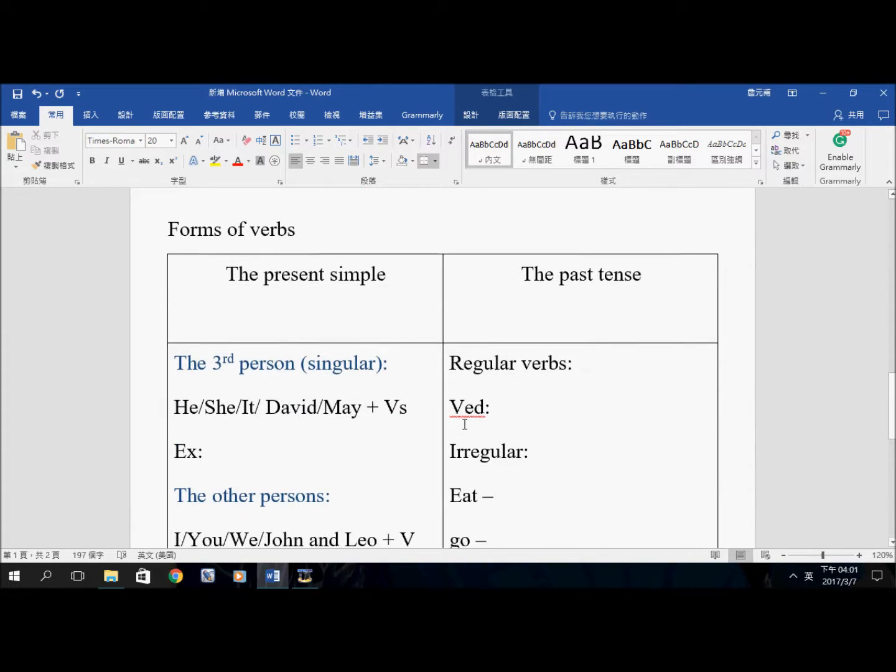Now here comes the forms of verbs. Now in the present simple tense, the only rule that we need to remember regarding the use of verbs is this.